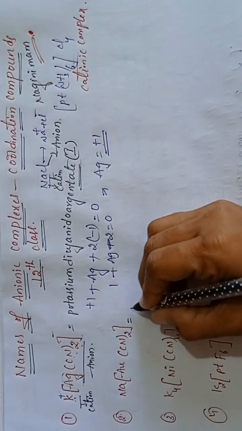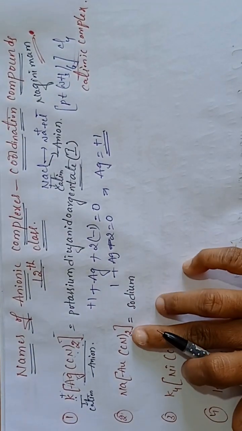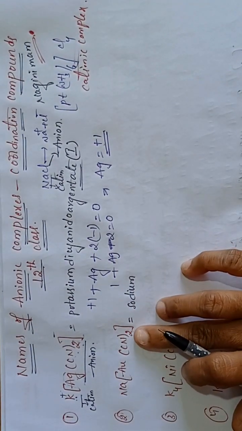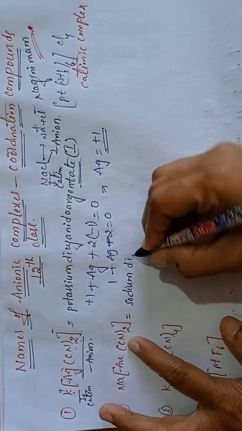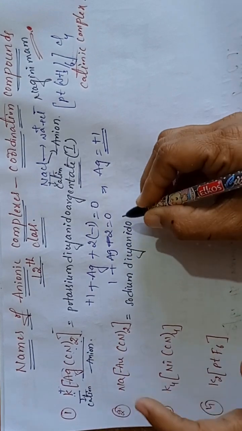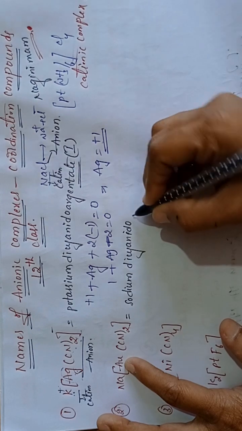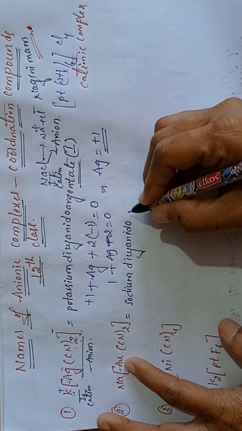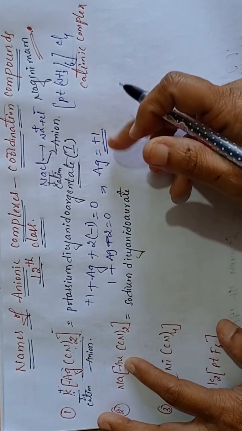First the cation name, sodium. Next, what should you write? The number of ligands. How many are there? Two are there. So di. CN: what is the name of the ligand? Cyanido. Next, the name of the central metal atom. It is gold, Au. So what do we have to write? The Latin name aurum: aurate. Clear?